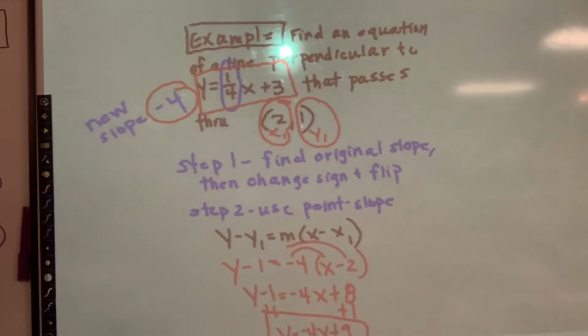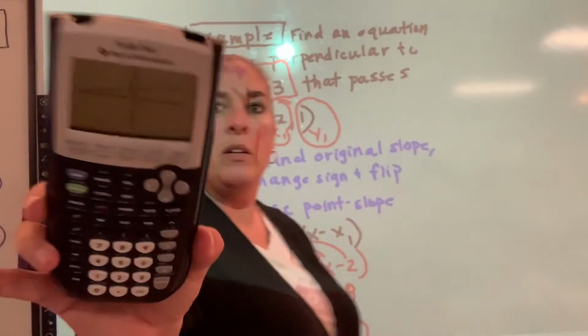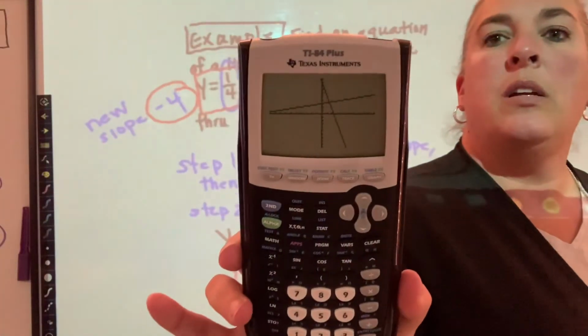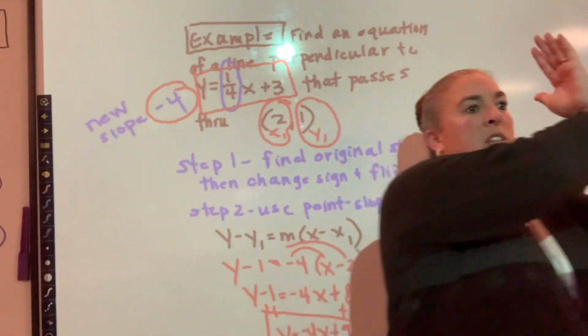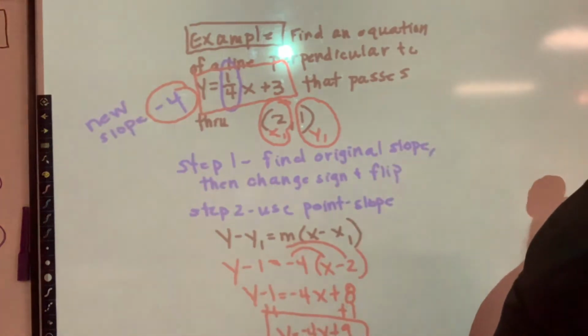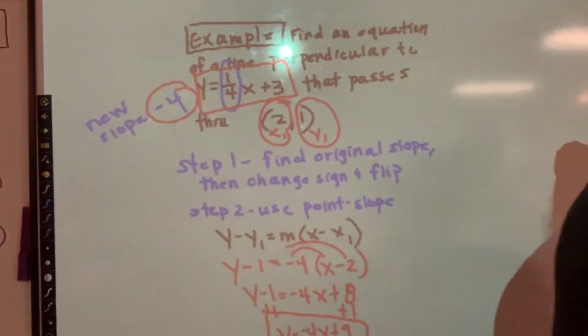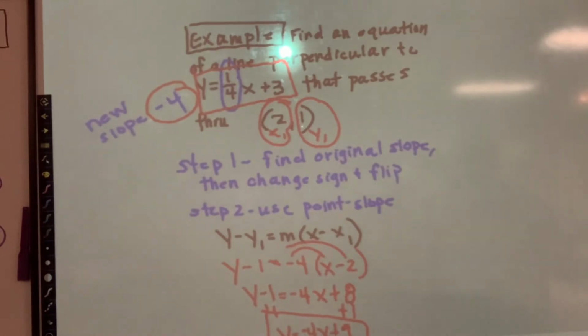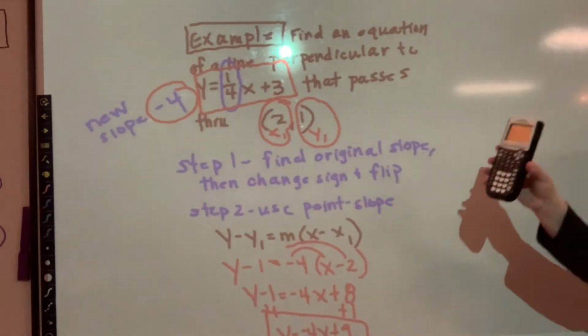The next one is -4x plus 9. It looks like a cross that laid down. That's the way I describe what you see in your calculator for a perpendicular line. So that's kind of what you're going to see on your screen.